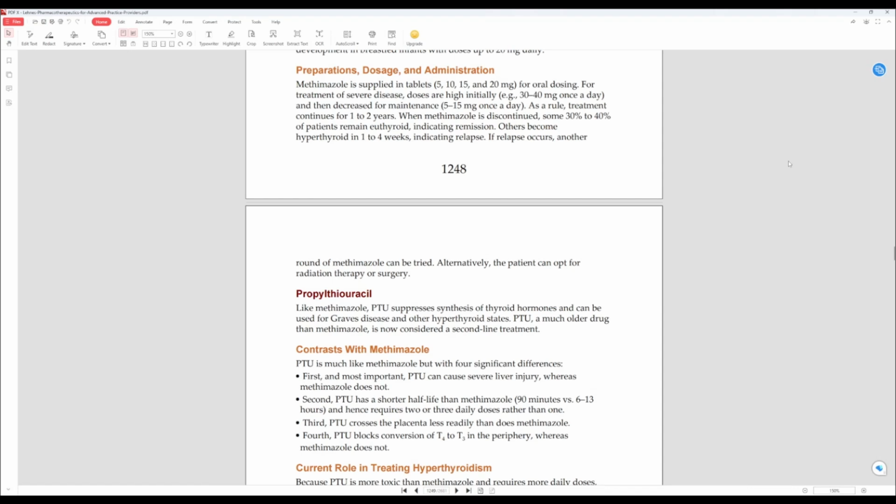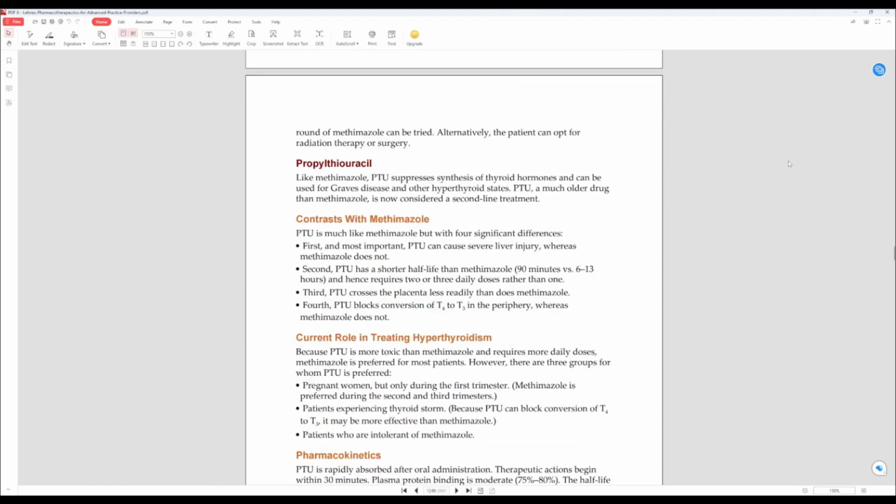When methimazole is discontinued, some 30 to 40% of patients remain euthyroid, indicating remission. Others become hyperthyroid in 1 to 4 weeks, indicating a relapse. If relapse occurs, another round of methimazole can be tried. Alternatively, the patient can opt for radiation therapy or surgery.